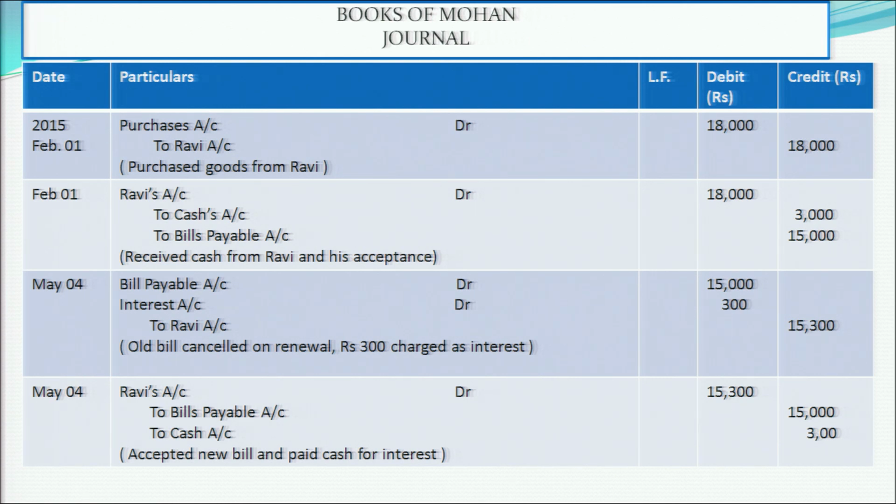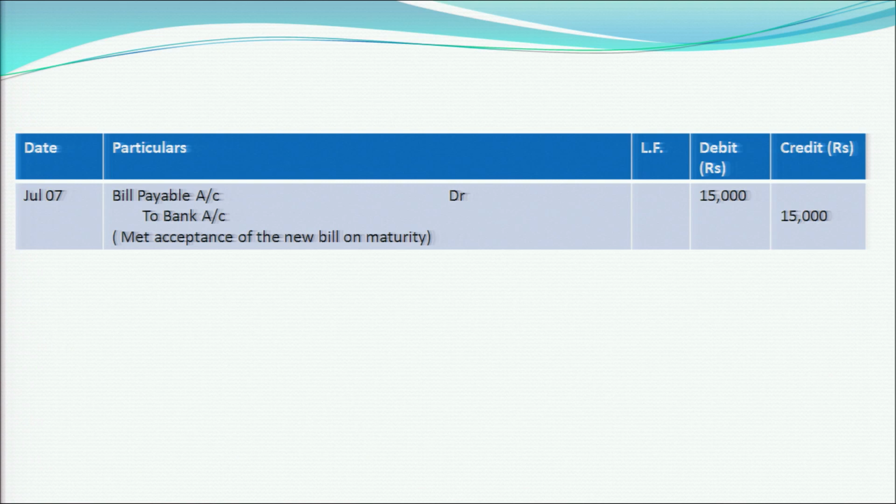How much was the interest? 300. As per 12% per annum, for 2 months it is 300. Then your bill and you have been charged for 300. And Ravi's account debit to bills payable account and cash account, because you are cancelling it. Now for the new bill, you are going to make the payment on maturity. So that is bills payable account debit to bank account.